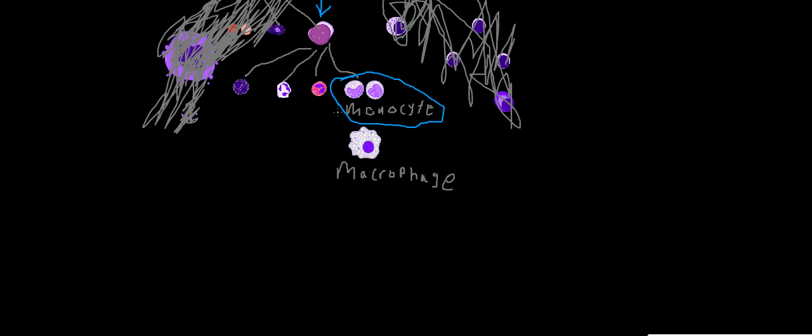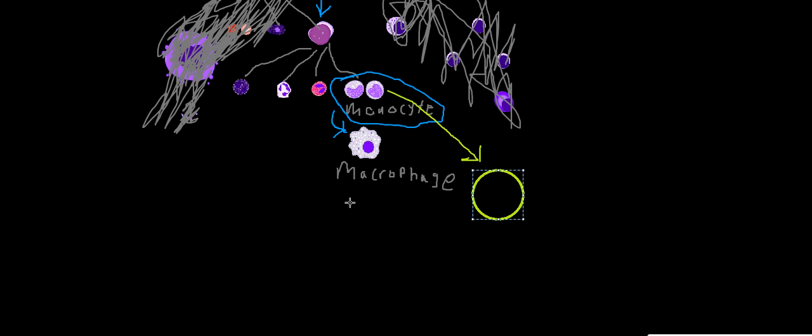But something I found interesting is that the monocyte can also become an osteoclast. And how does this happen, you might be wondering? What happens is that multiple monocytes fuse together.